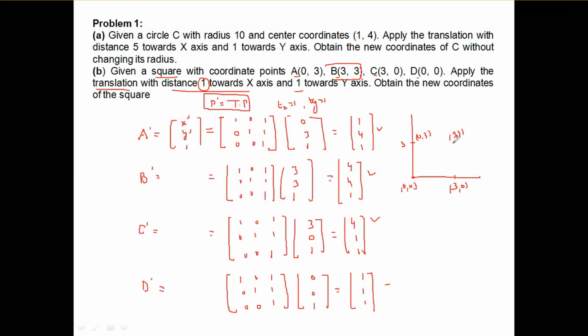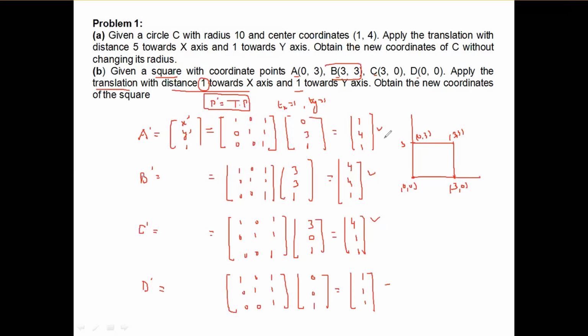So these are the points. Originally your object, the square, was placed at this location. Now it is shifted by 1 unit in x and y.